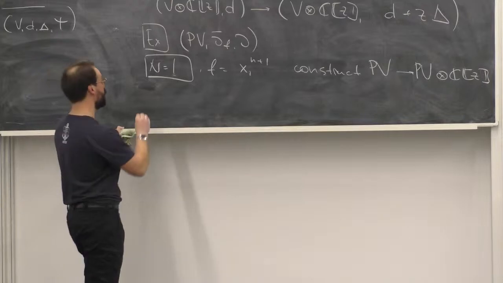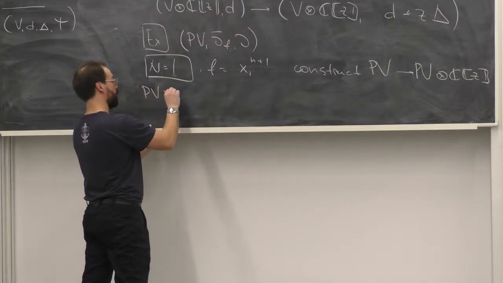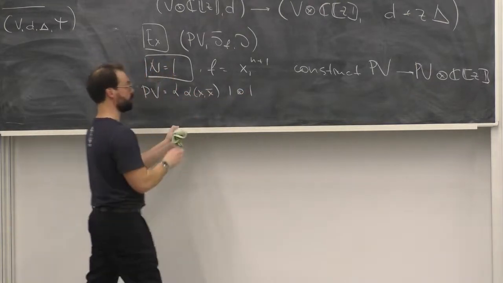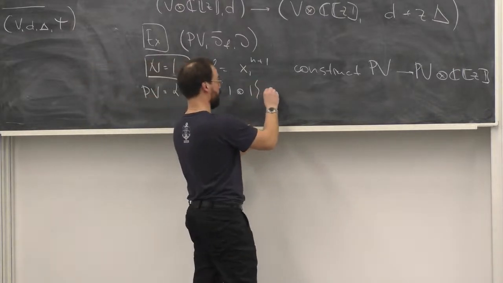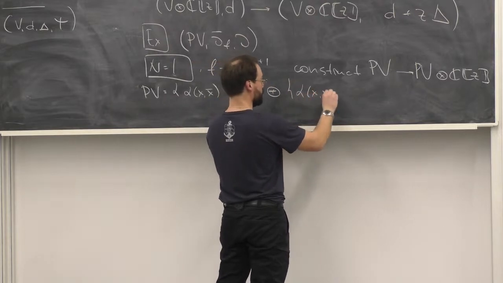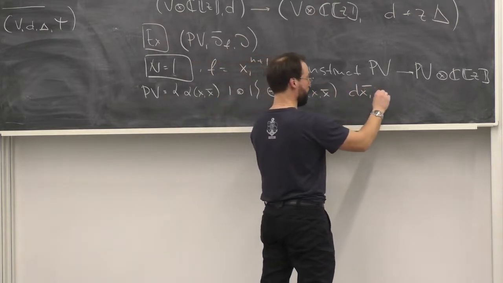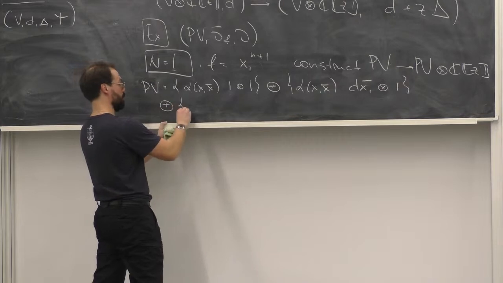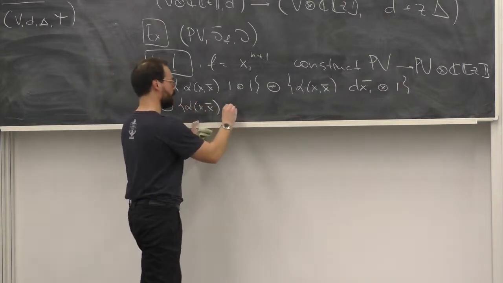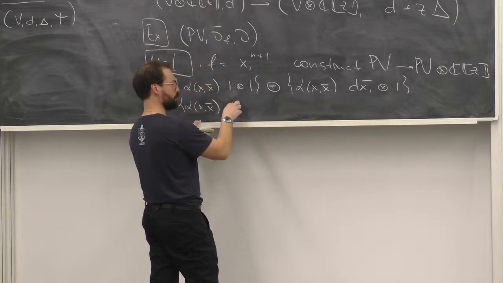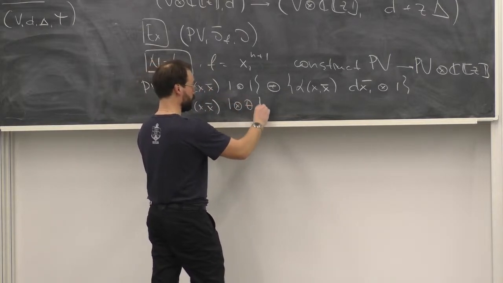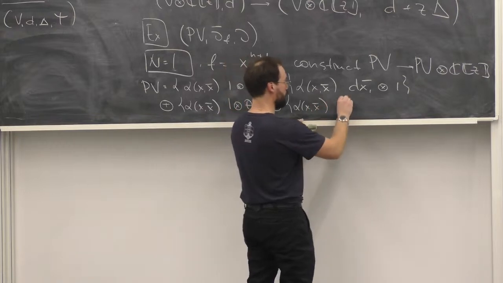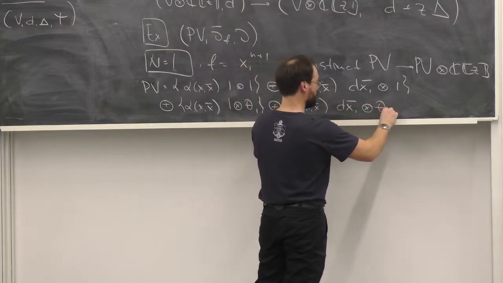Because n capital is equal to 1, my PV consists of the polynomials in x, x bar times 1, plus polynomials in x, x bar, dx bar times 1, plus alpha of x, x bar times theta 1, plus alpha of x, x bar, dx 1 bar theta 1.